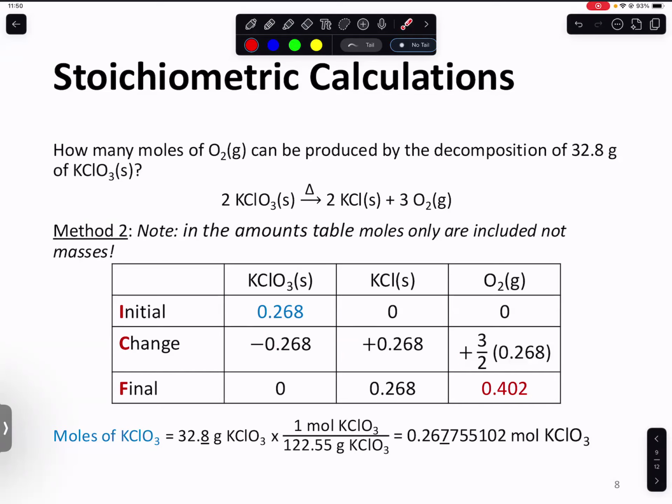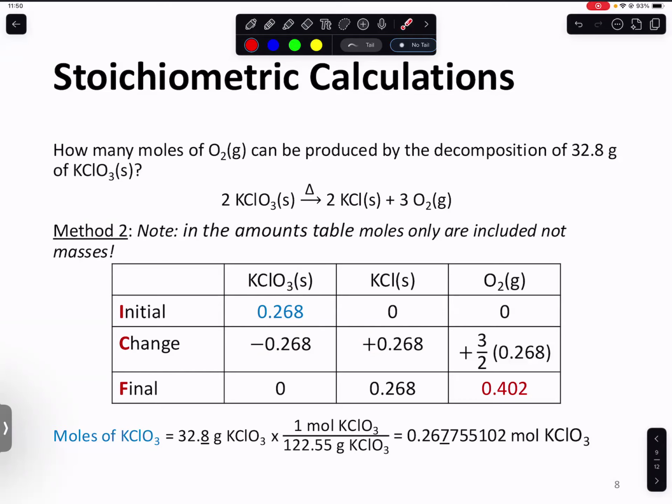And another thing to be mindful of is the stoichiometric coefficients. Now, for KClO3, we will use the mole. So I said that it is negative 0.268 moles, which are consumed from the KClO3. Now, how about KCl? Since the mole to mole ratio is the same for KCl and KClO3, I'm going to add a positive because it's produced, 0.268 moles.